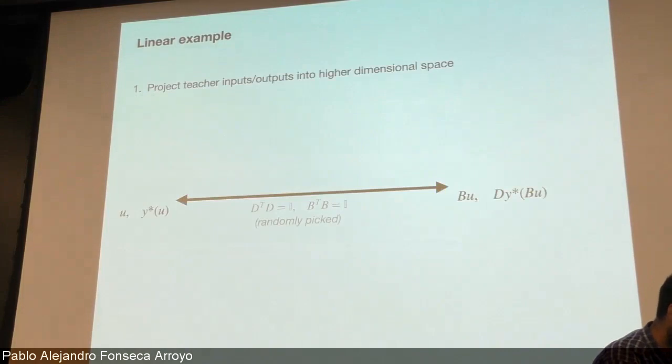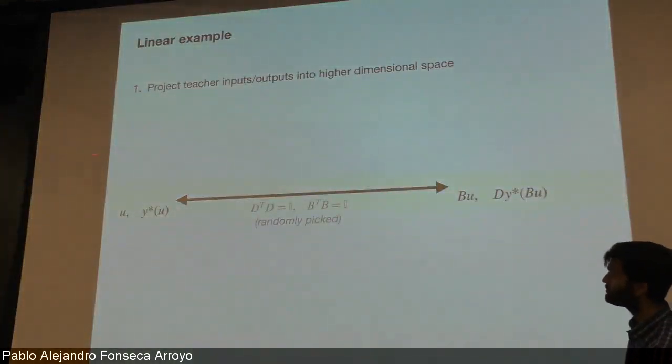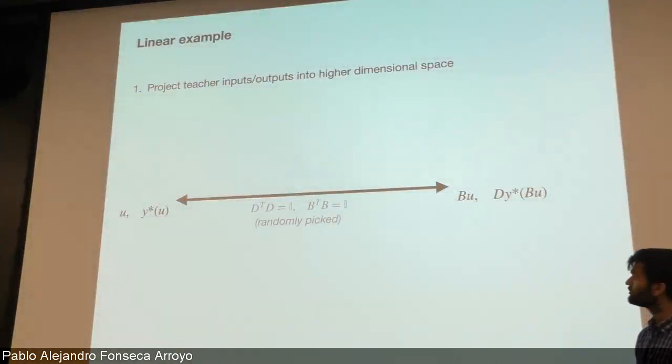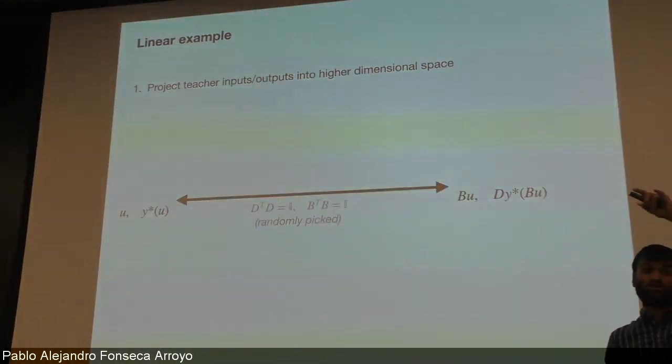I'll give a bit more insight into that. So basically, let U and Y star U be the inputs and optimal outputs generated by the teacher. I get some semi-orthogonal matrices D and B, which basically go from a smaller dimension to a higher dimension.